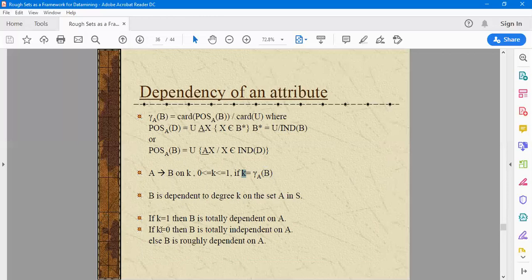If K is equal to 0, then B is totally independent of A. That means there is no dependency. So no pattern can be found on this type of functional dependency. Okay. Else, if it is between 0 and 1, B is roughly dependent on A. Okay, in our previous lectures, we saw that there was a lower approximation on propane, where the decision of the car was good, right?